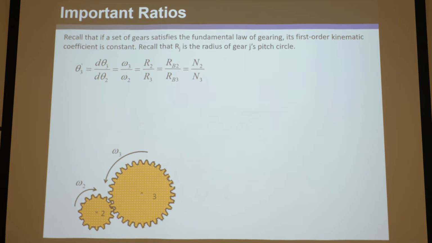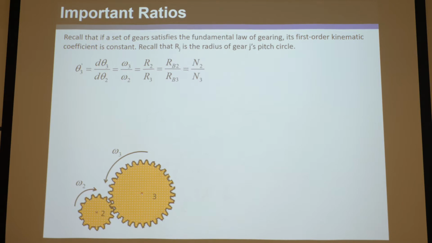Honestly, that's probably the most useful one, because if you wanted to find the first order kinematic coefficient, or the ratio of output to input angular velocities, which is always what you care about when you're dealing with gears, you don't really want to find the pitch circle because that's very difficult to measure for any given thing. And certainly the circumference or diameter of those are difficult.